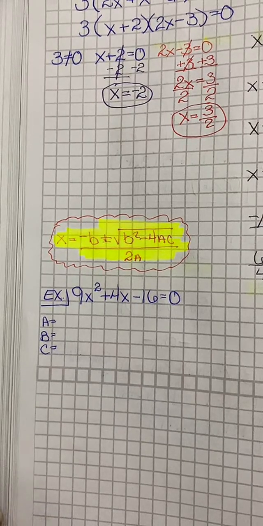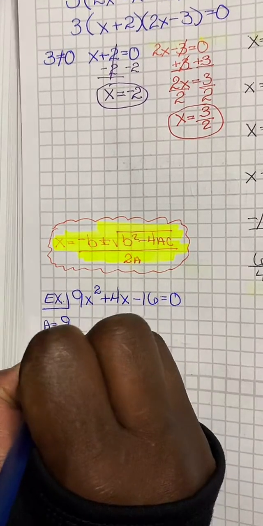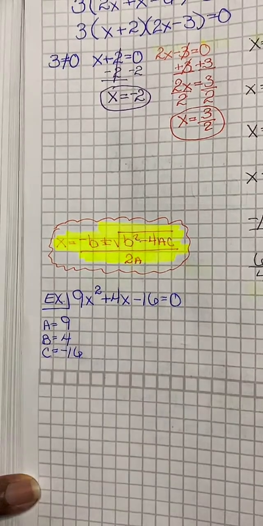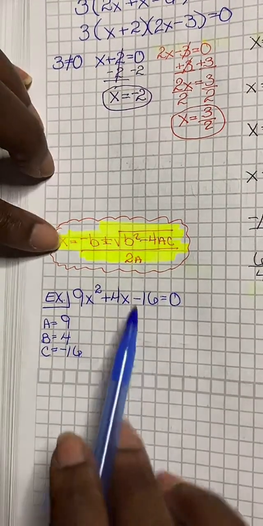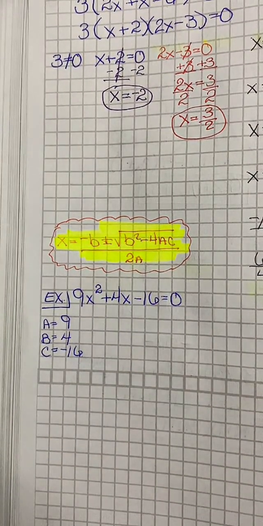Good. So A is 9, B is 4, C is negative 16. Good. So now plug it in to the formula.